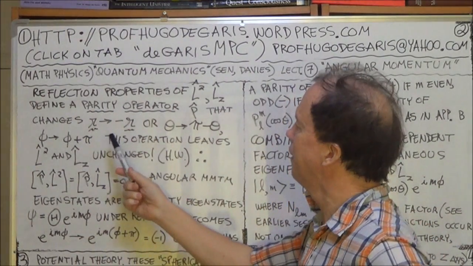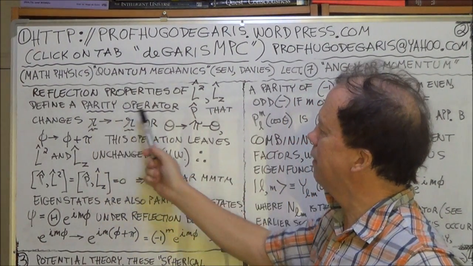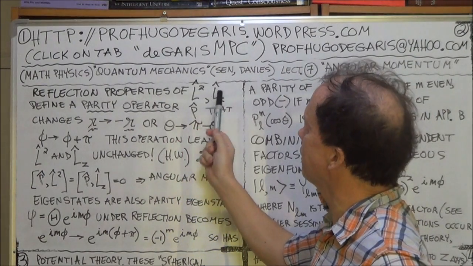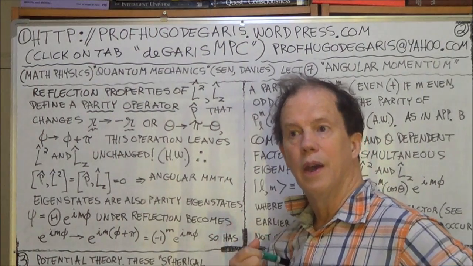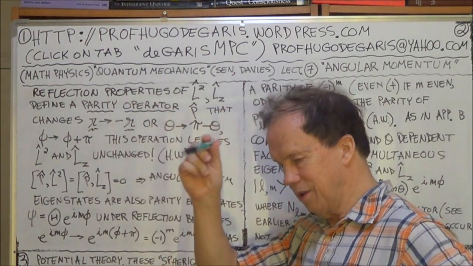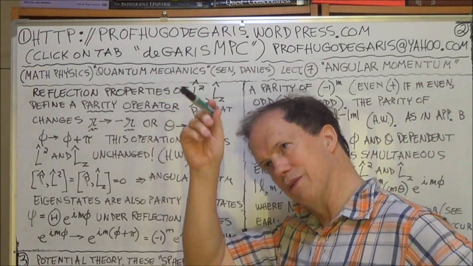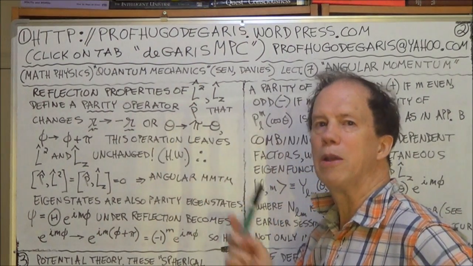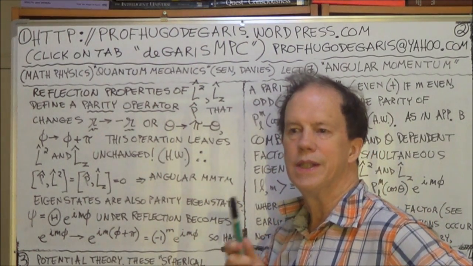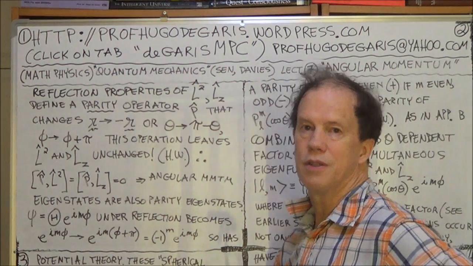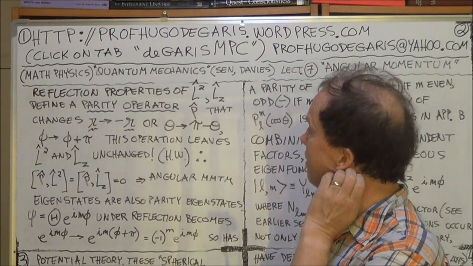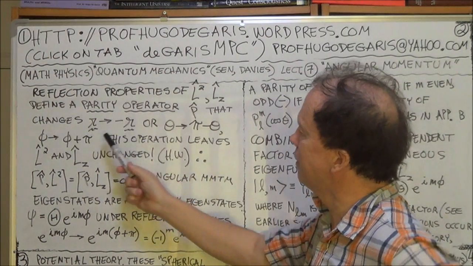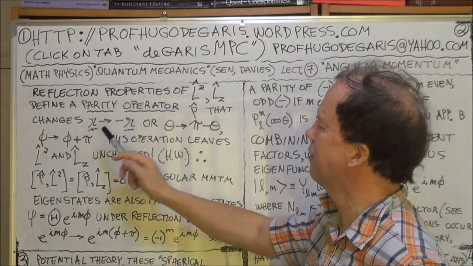You know the expressions for these operators from earlier sessions, in terms of sines and cosines of theta and phi and exponentials of phi. You have expressions for these operators in terms of r, theta and phi. So you can make these substitutions, these reflection properties, if you like.